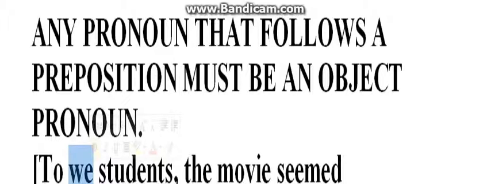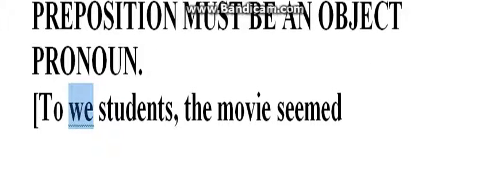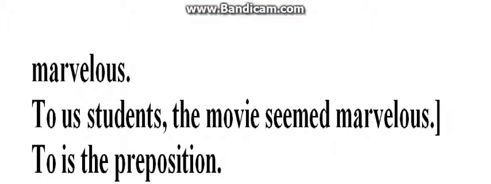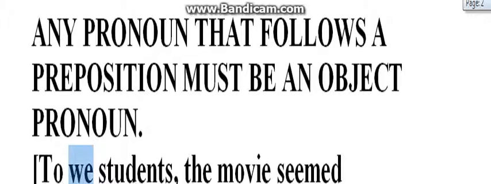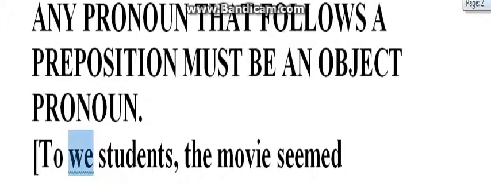Okay, when we say we do the homework, we are saying that we do a verb, but here it has to be a receiving object. So instead of saying to we students, we have to say to us students. The movie seemed marvelous. To is the preposition once again. So again, the rule is any pronoun that follows a preposition must be an object pronoun.